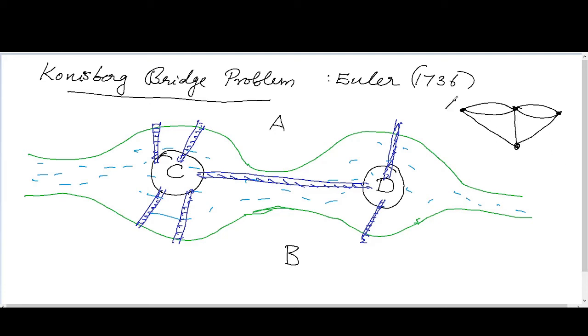So this is our land area A, B, C, D, and the bridges are denoted by the 7 edges. Now this problem is the same as drawing a figure without lifting the pen from the paper and without retracing a line, and reaching the starting point. Euler proved that a solution to this problem does not exist.